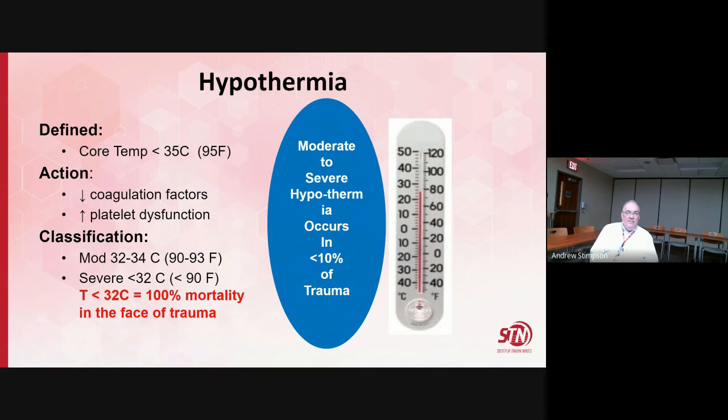So again, a core temp of less than 35 degrees reduces your coagulation factor function and also makes your platelets work more poorly as well. I have seen patients less than 32 degrees who have been traumatized and lived. So that's probably a little bit of an overstatement. But again, we want to keep people warm.